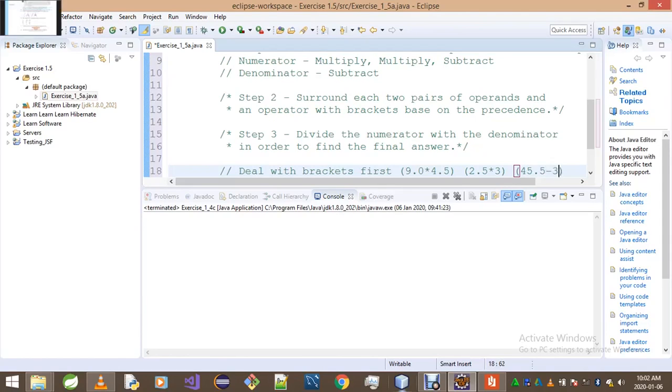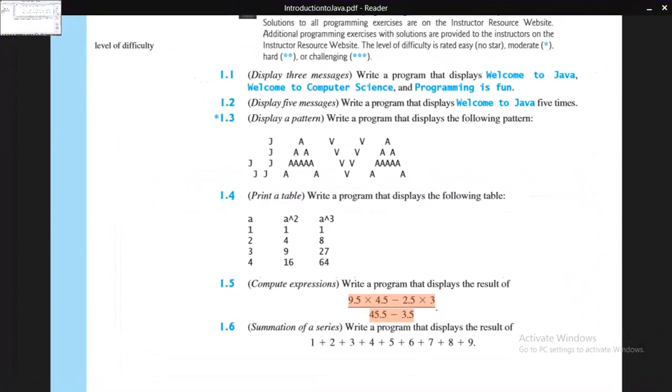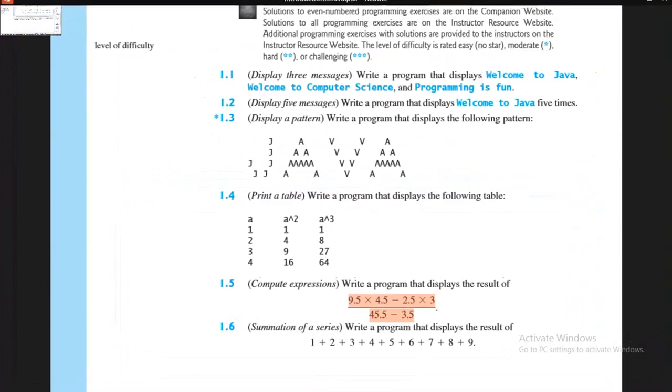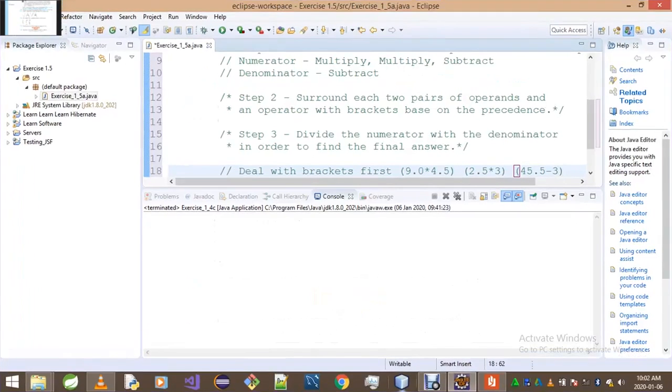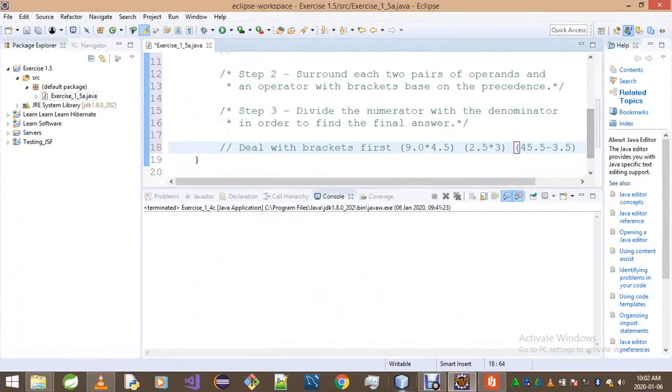Am I right? Let me check it out. Minus 3.5. It's actually minus 3.5. Okay.